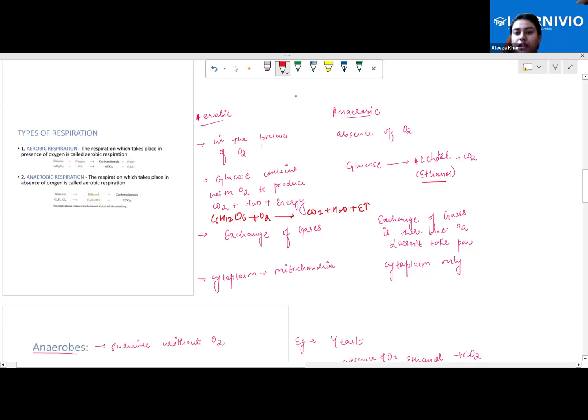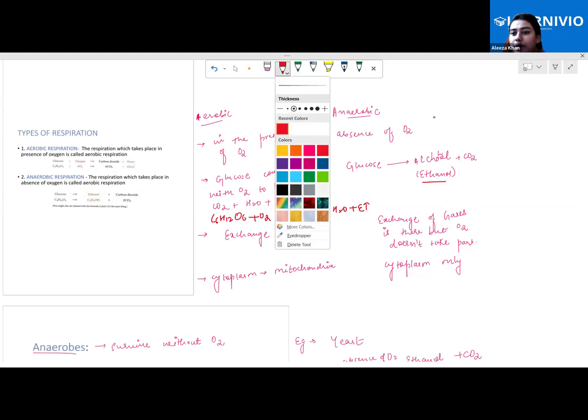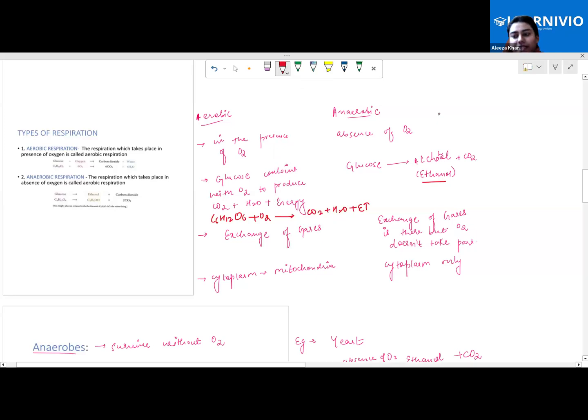Yes, ma'am. In aerobic respiration, since the body is taking oxygen inside and producing carbon dioxide as the product, exchange of gases is taking place. Whereas in anaerobic, the exchange of gases is there, but since there is no oxygen, it is not taking part in that process.